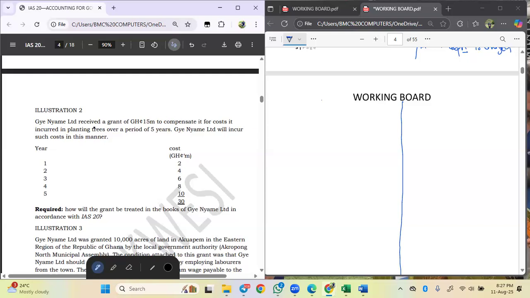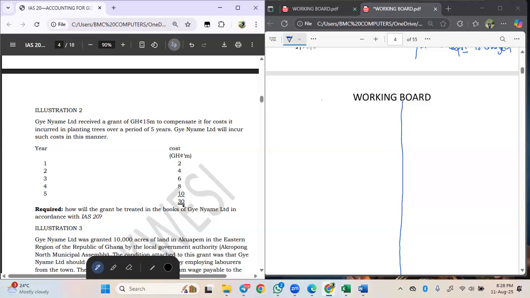The cost incurred in planting trees over a period of 5 years is 30 million. In year 1, we incurred 2 million, year 2, 4, and then 6, 8, and 10 in years 3, 4, and 5 respectively. So these are the years that we have and the cost.